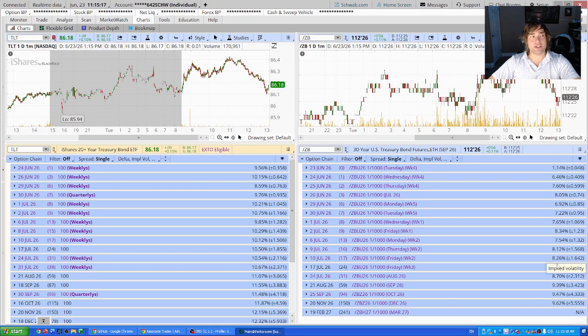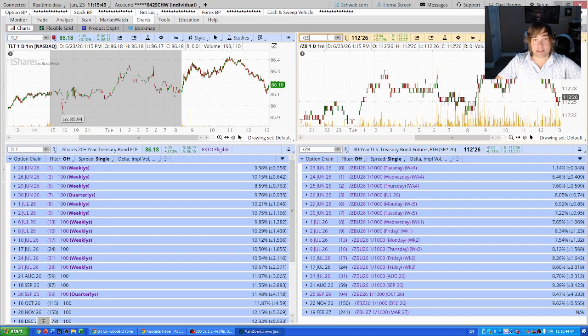So this is just to show I'm so confident in this market structure that, what do you know, when we look at the 10th of July on the TLT, it's 10.12%. What that means is the at-the-money spot is 2% richer on the iShares TLT ETF than it is on the ZB. And this isn't just for bonds.